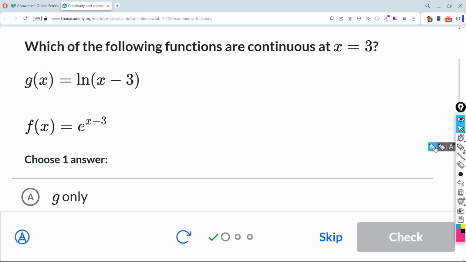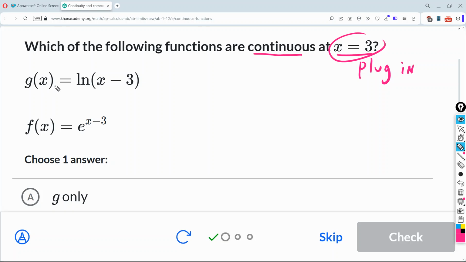All right, now they're not asking about all real numbers. They're asking us if it's continuous at x equals 3. So if we're only doing x equals 3, it has to be defined at x equals 3. So you just want to plug it in and see if you can evaluate the function at x equals 3.